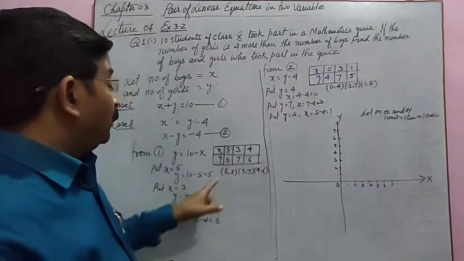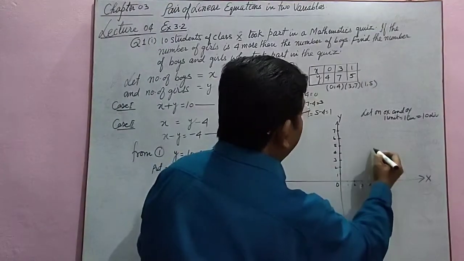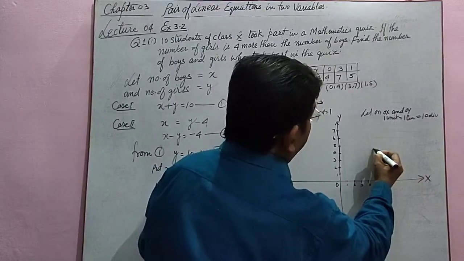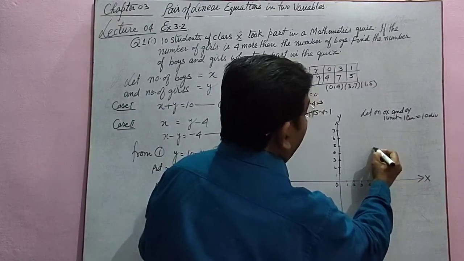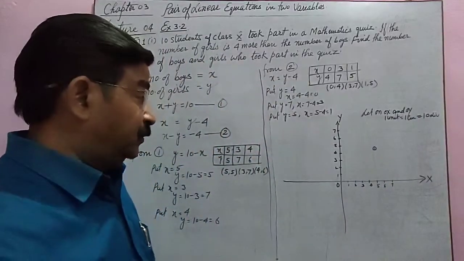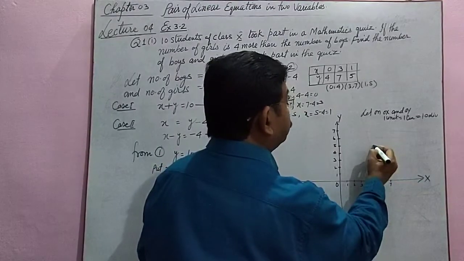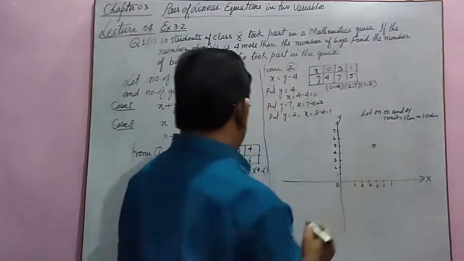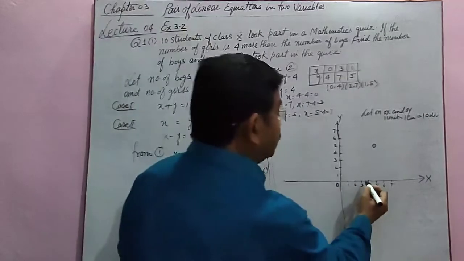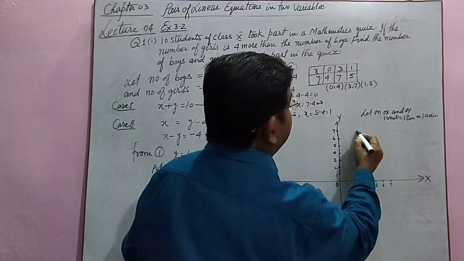Now let's plot (5, 5). X is equal to 5 and y is equal to 5. Mark this point and make it visible by encircling the point. Second one, (3, 7): x is equal to 3 and y is equal to 7 is this point.